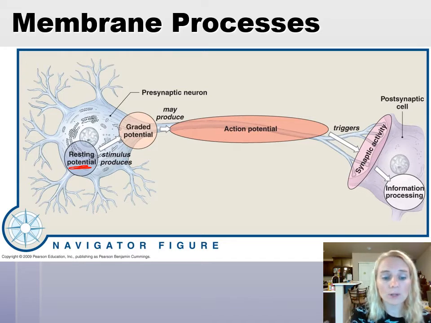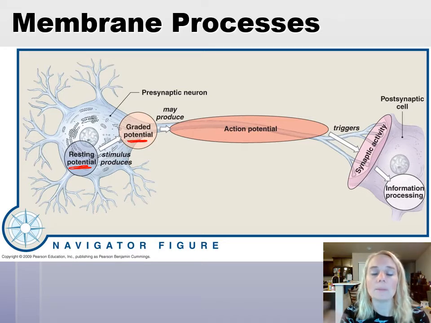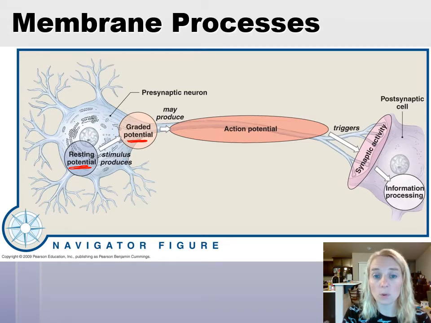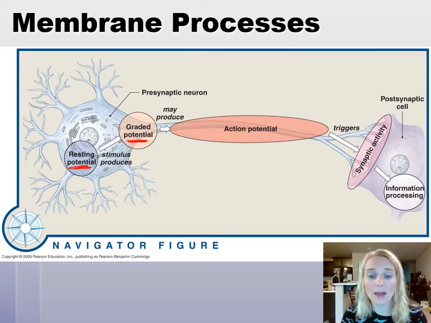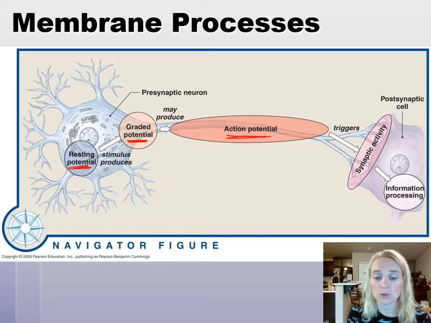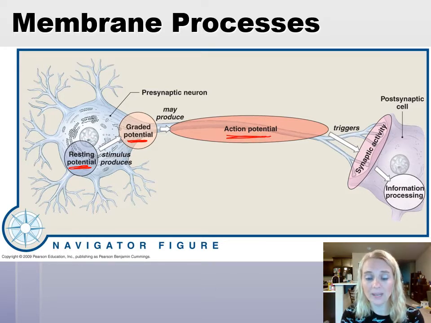Okay. Then we're going to move on into a graded potential. So a stimulus shows up and it produces what we call a graded or local potential. And then that graded or local potential may or may not produce that action potential that runs along the axon. And then once you have an action potential, it will trigger what happens at the synapse. And then we'll see what that postsynaptic cell does.